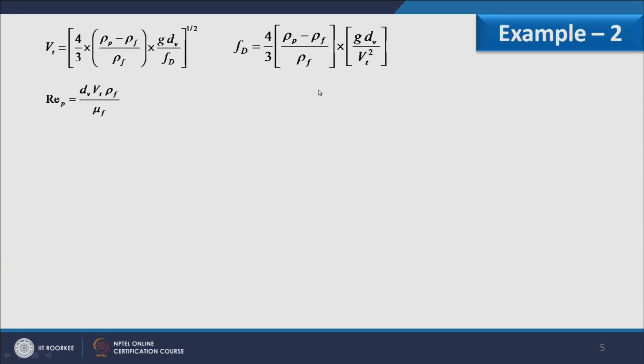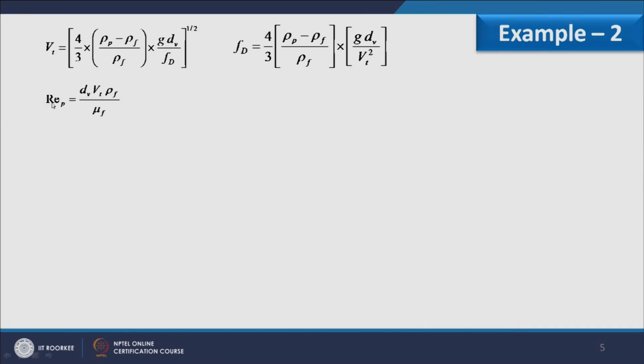Therefore, to calculate the velocity we should calculate the Reynolds number, and as the standard graph available to us is drawn between Fd and Reynolds number, we will find the expression of Fd as a function of Reynolds number, not as a function of terminal settling velocity. Here you see the Reynolds number of the particle is dV Vt rho f by mu f.